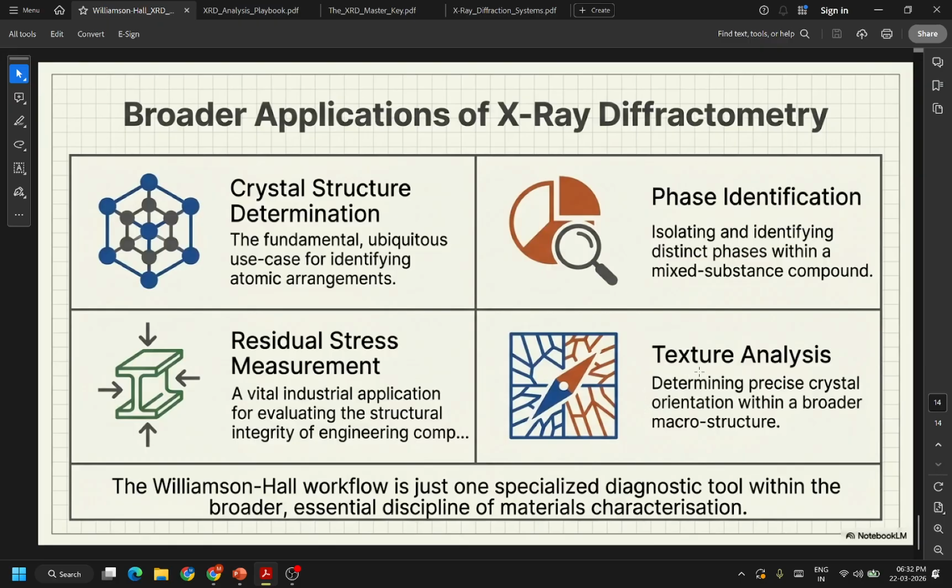Then you can use it for texture analysis, to determine the preferred crystal orientation within a broader macrostructure. You can take XRD at different areas on your large sample, and by looking into your XRD peaks, you can get the crystal orientations at different areas. That will give you the texture of the material.